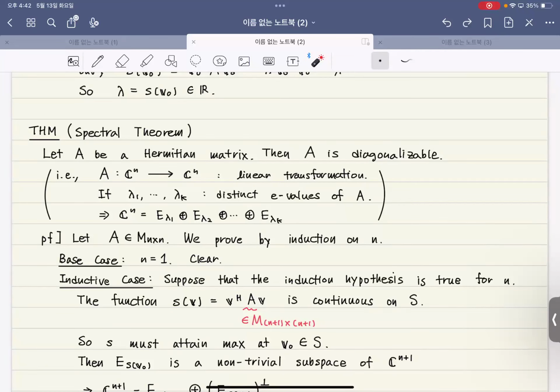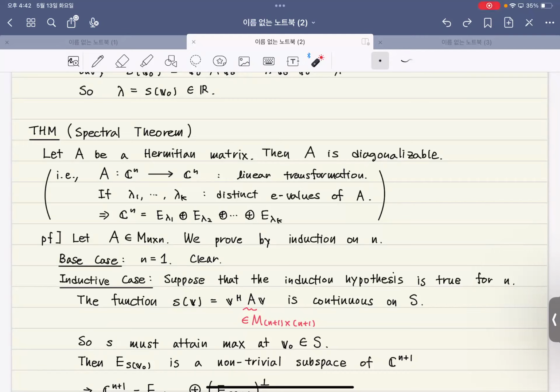Also, for any given single eigenspace, you can find orthogonal eigenvectors. Maybe you can apply the Gram-Schmidt process to a single eigenspace. Then you can find a basis of the eigenspace consisting of orthonormal eigenvectors.